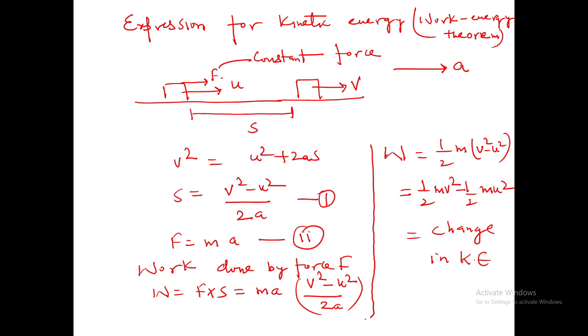So the energy spent in doing this work of moving the body from rest, suppose I am giving you an example, u is equal to 0 and final velocity is v. So energy spent in doing this work of moving a body from rest to attain a uniform velocity v is stored in the body in the form of kinetic energy.